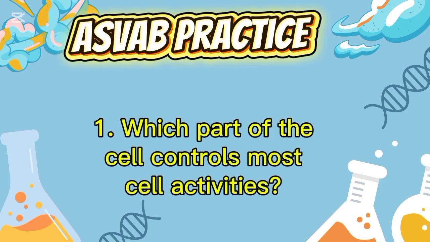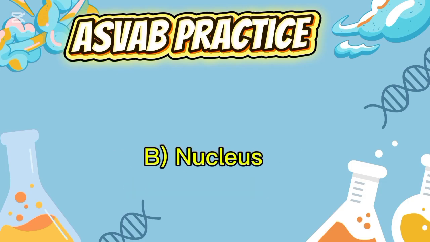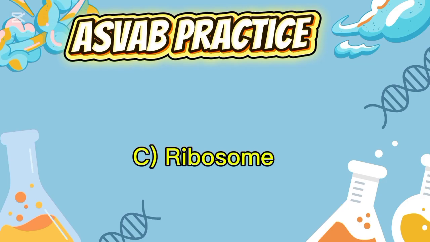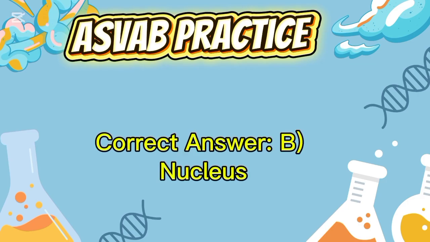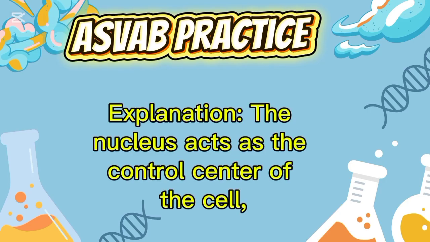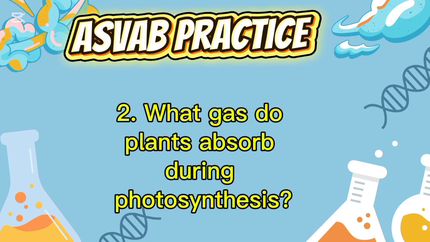1. Which part of the cell controls most cell activities? A. Cytoplasm. B. Nucleus. C. Ribosome. D. Cell wall. Correct answer, B. Nucleus. Explanation. The nucleus acts as the control center of the cell, containing DNA that regulates cell functions. 2.